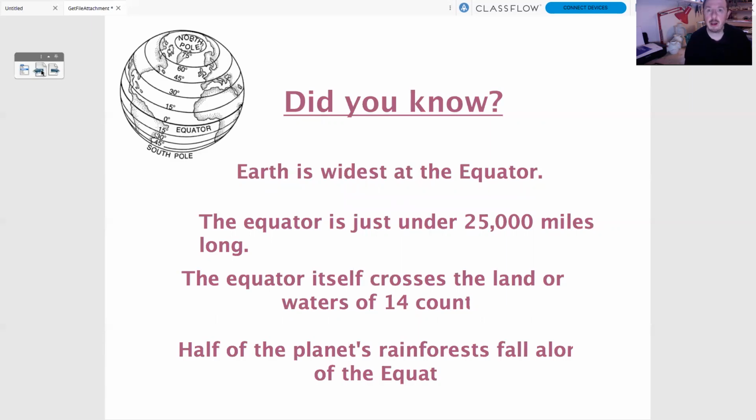Now, good luck with your learning today. I hope you have a handle on what a hemisphere is when we talk about those halves of the Earth. So the northern hemisphere being the northern half and the southern hemisphere basically being the southern half. The equator being that imaginary line that goes around the middle of the Earth.